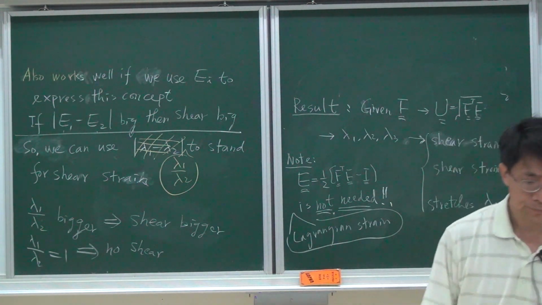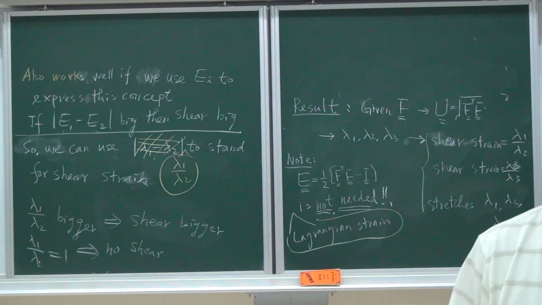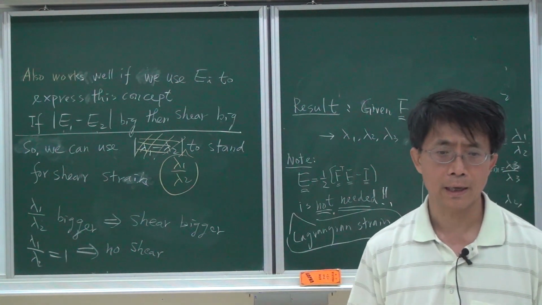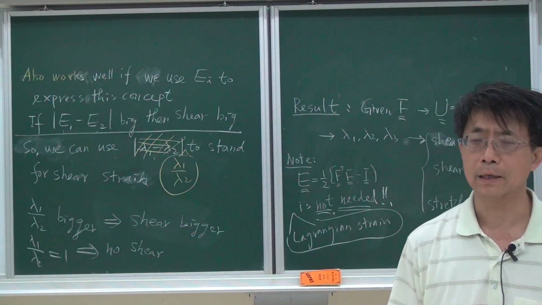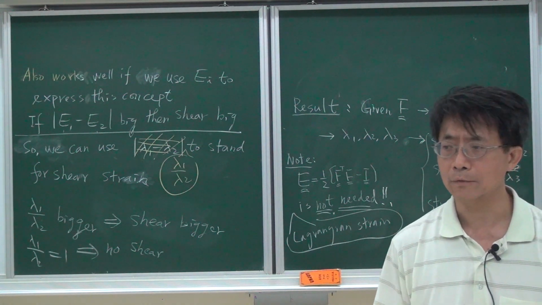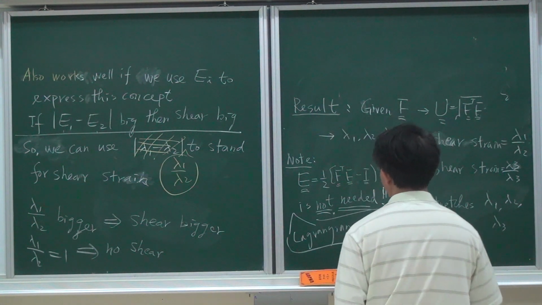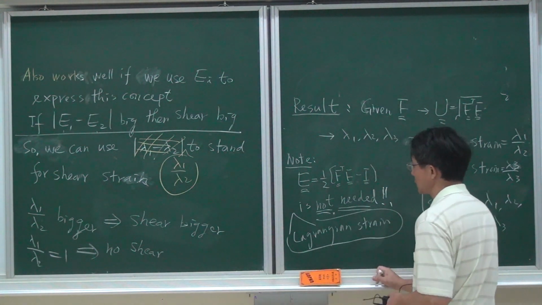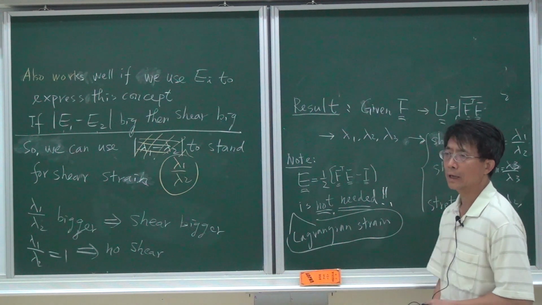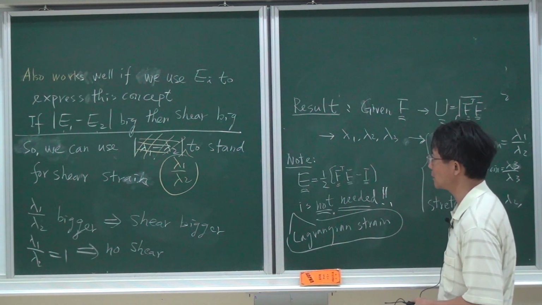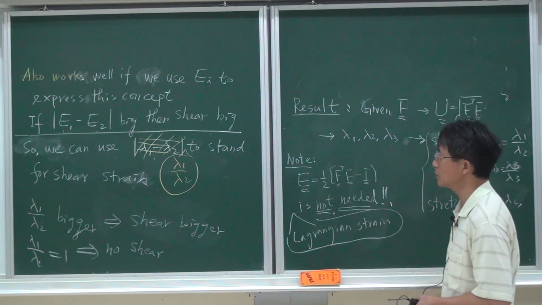See, in the old days, when we studied mechanics of materials in the undergraduate level courses, we were taught that we should represent our deformations by the strain. And then we found out that the classical strain is not very good. And then we introduced the Lagrangian strain.